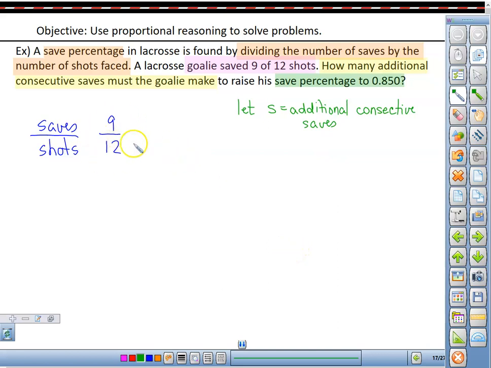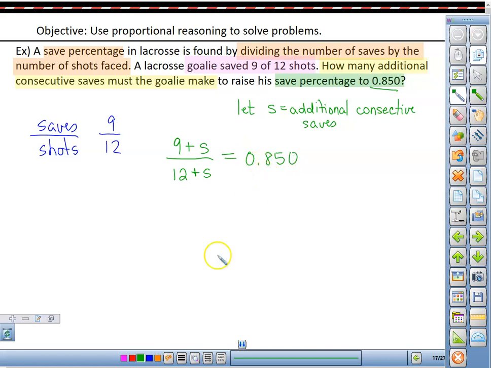So that means that this ratio is going to change by more saves. So we have our 9 saves plus more saves, which is our S. And then our shots faced changes by that same quantity of extra saves, which is our S. And we want this new ratio to be this percentage expressed as a decimal here, this 0.850.